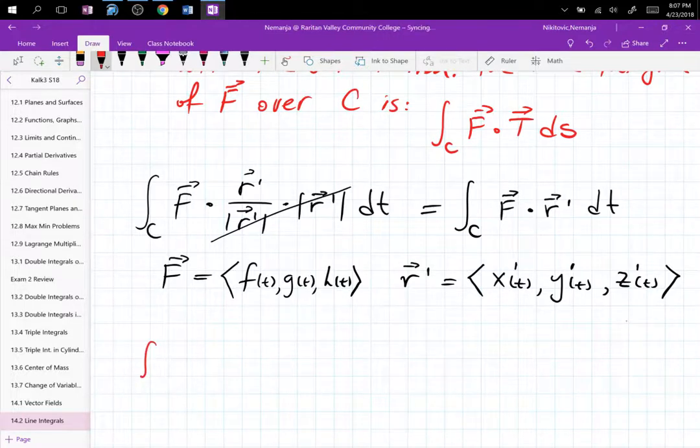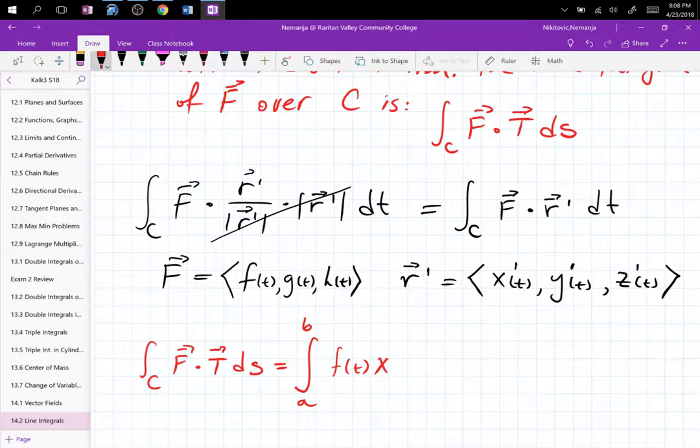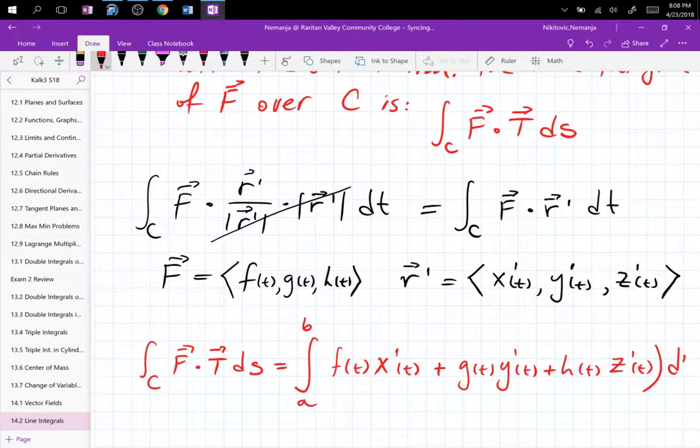So now the dot product from above, I'm going to box this one. So your integral in the vector form over here is going to be the integral from a to b. And now we do the dot product between the two vectors here. So you have f of t times x prime of t, plus g of t times y prime of t, plus h of t times z prime of t, all of that in parentheses dt.